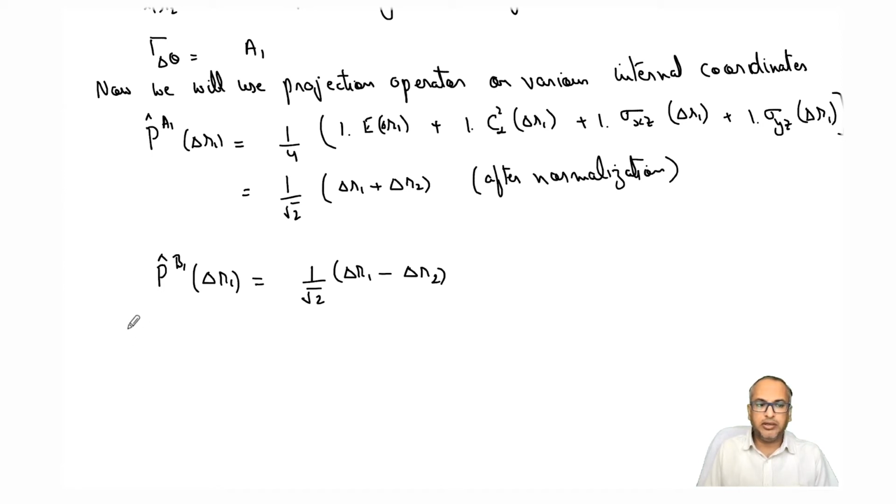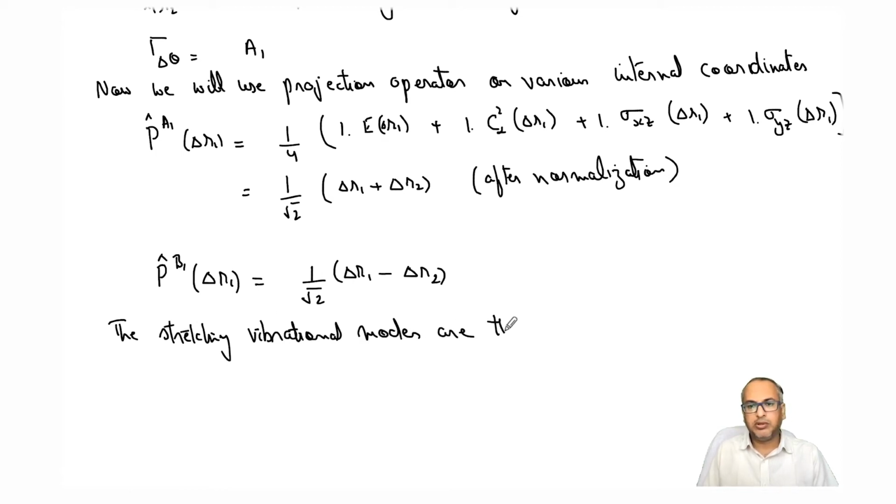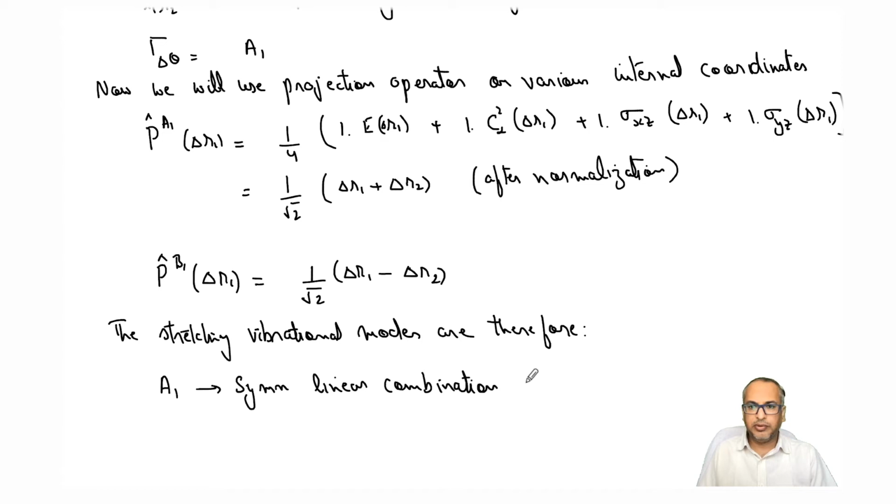So the stretching vibrational modes are therefore the stretching. A1 means it's a symmetric linear combination of delta R1 and delta R2, right?